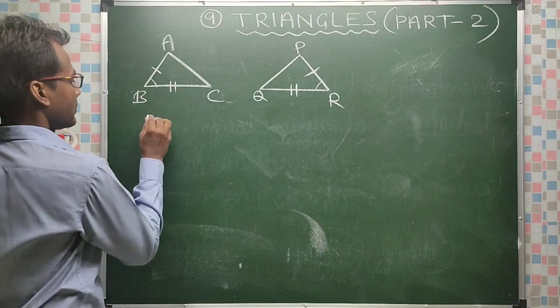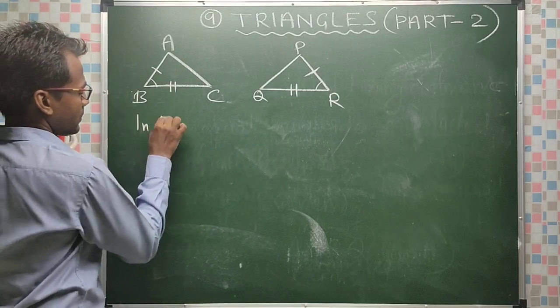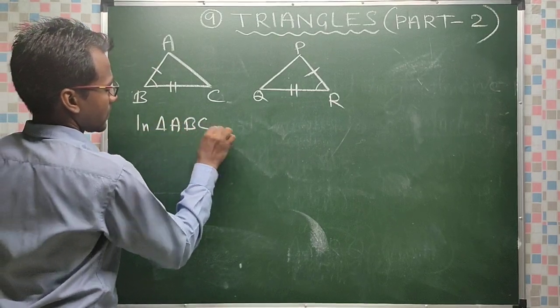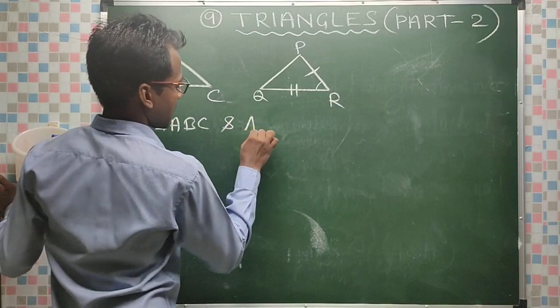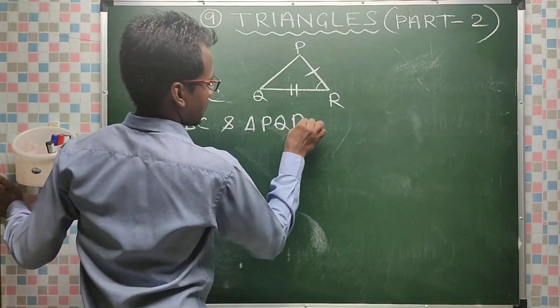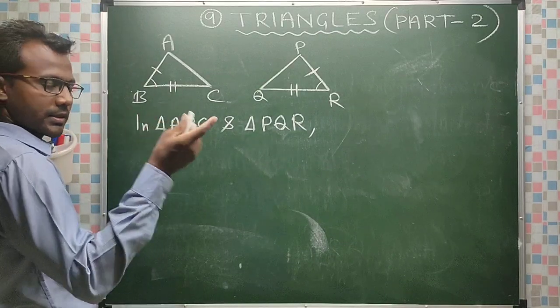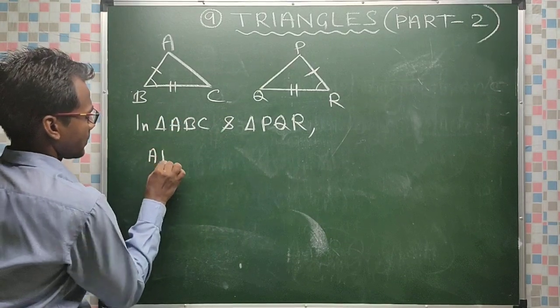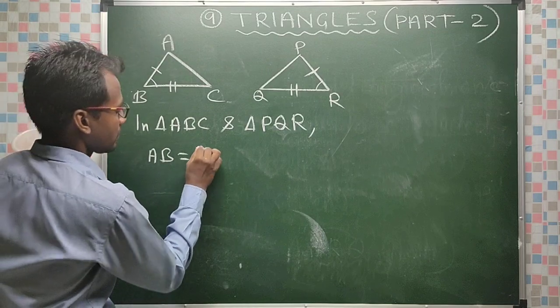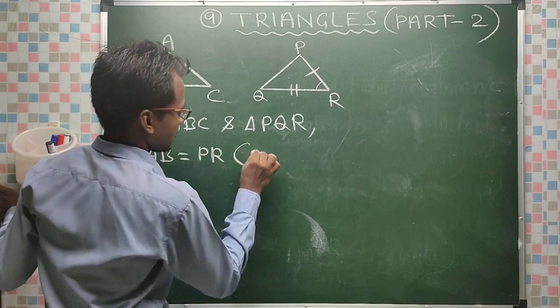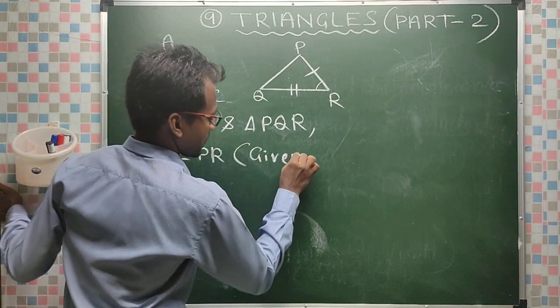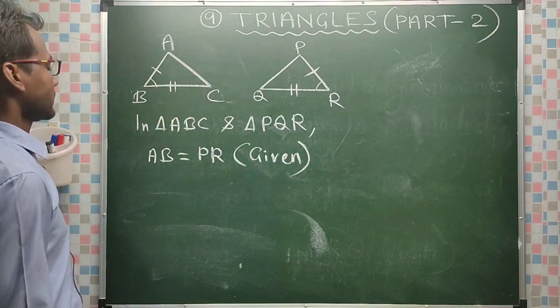Let us write this. In triangle ABC and triangle PQR. Okay. Let us start from side angle side. So AB is equal to PR. This was given.